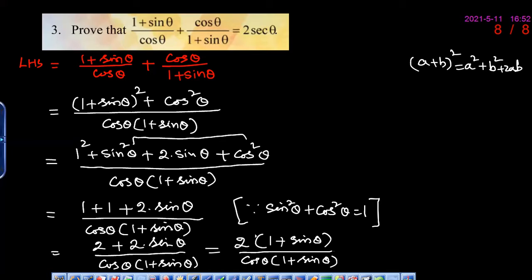We can cancel the numerator and denominator and we get 2 upon cos θ.